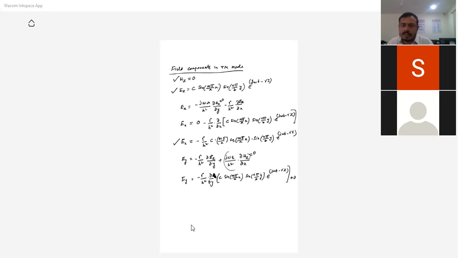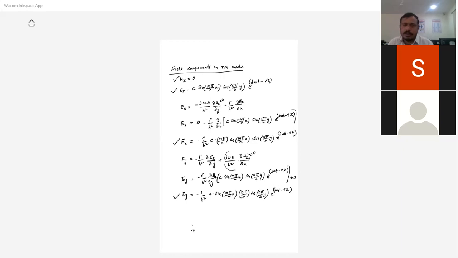So now Ey is equal to minus gamma by h square, the partial derivative of y: c into sine of m pi by a into x, and the derivative of the other factor gives n pi by b into cos of n pi by b into y, with e power j omega t minus gamma z. This is the Ey.